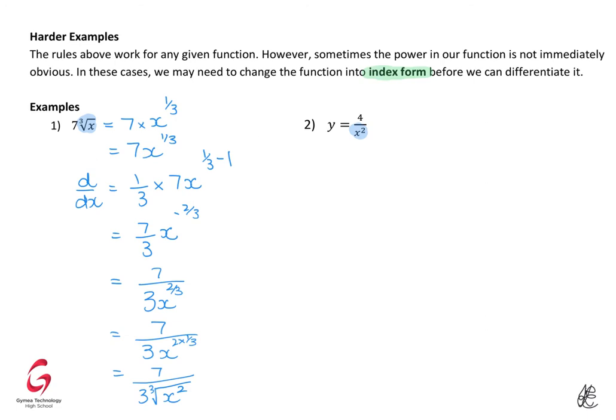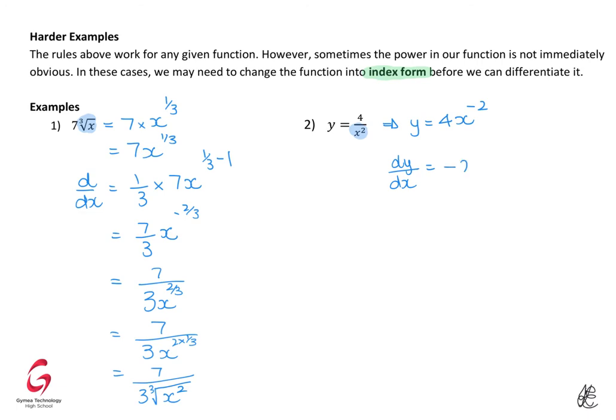For question 2, we're going to start by rewriting this function in index form so that x squared is really an x to the power of -2. Then we're going to differentiate. So I'm going to use the notation. They gave me the function in terms of y, so I'm going to differentiate y with respect to x.